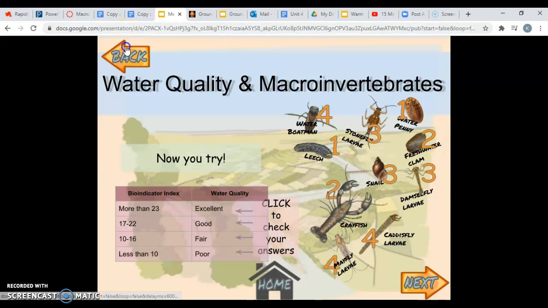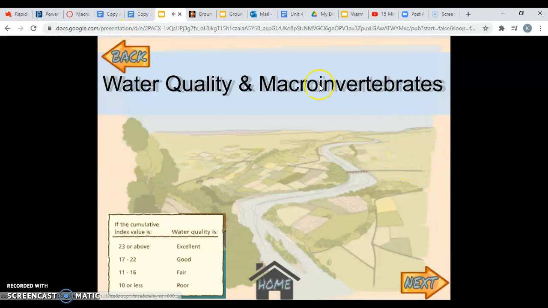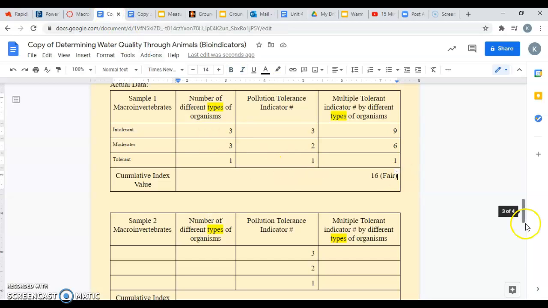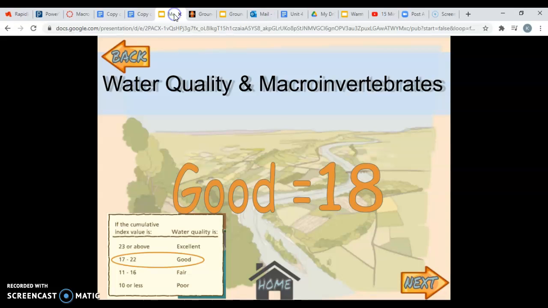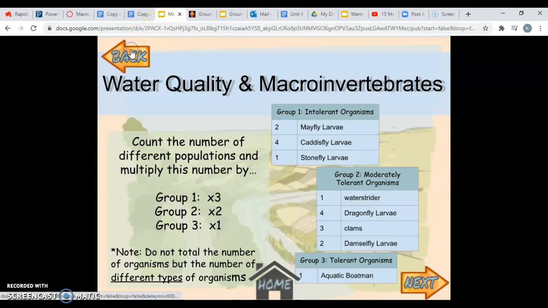Let me go back. So this one was the example. So the first table, and I'll show it to you really quick. The numbers for this first table came from this right here. So these were the numbers from the first table.